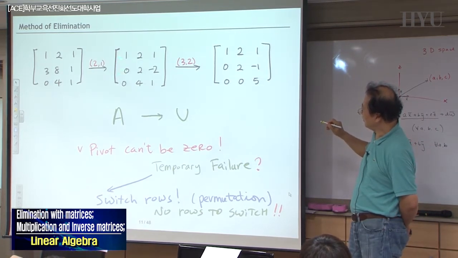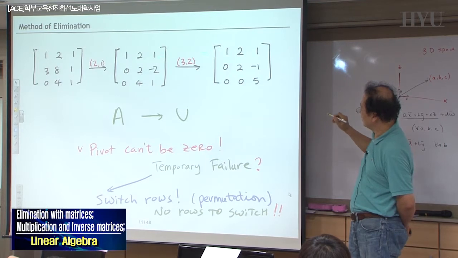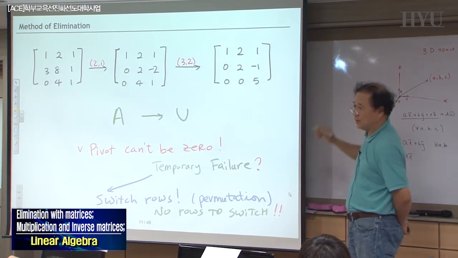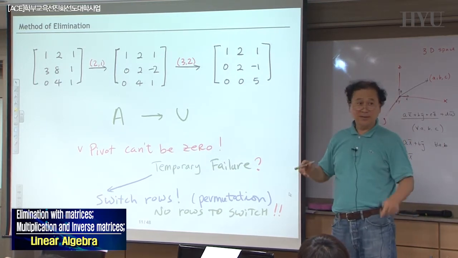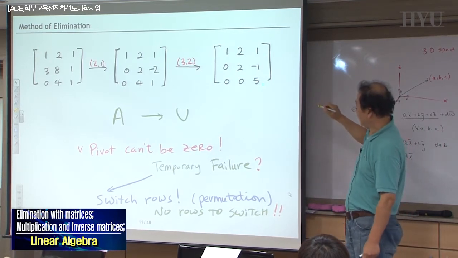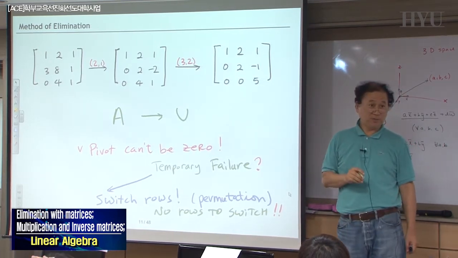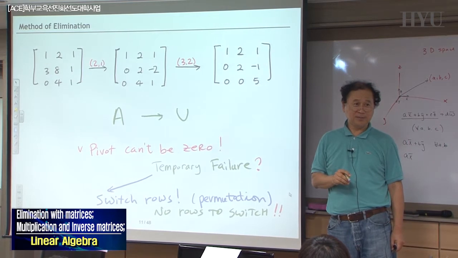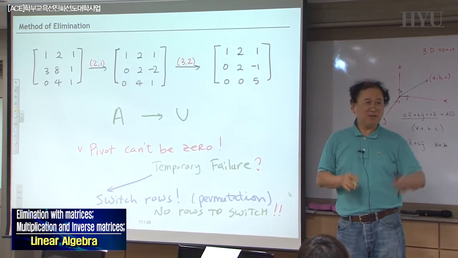Yes, we try to make this diagonal, because this is a triangular matrix. This is an upper triangular matrix. We try to make this, then we can solve the problem. Do you agree with that or not?